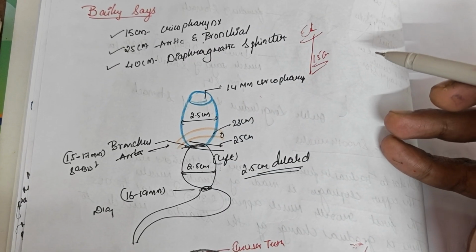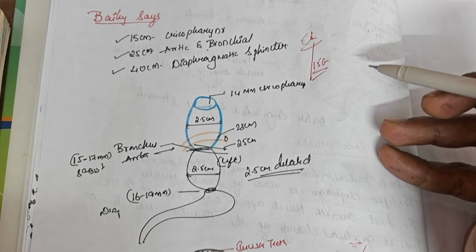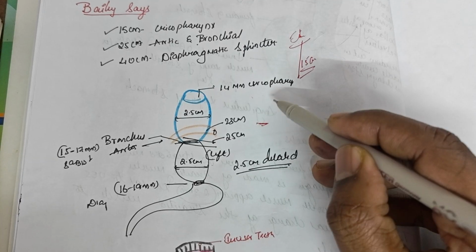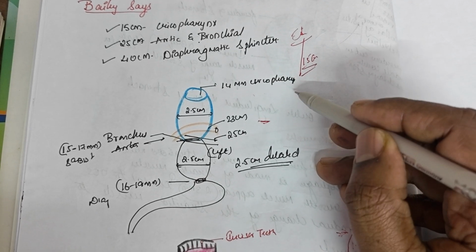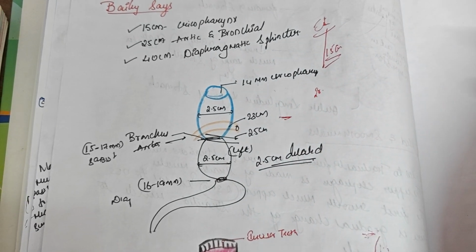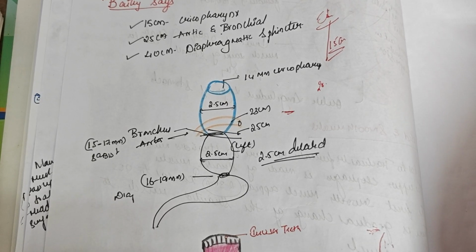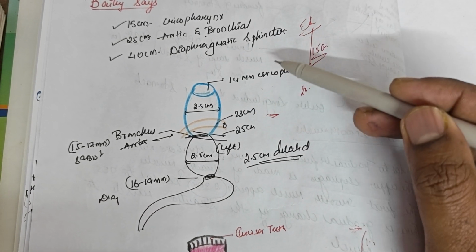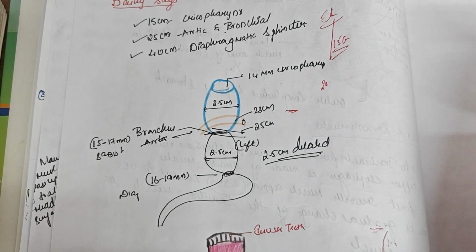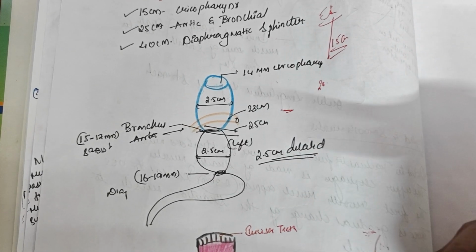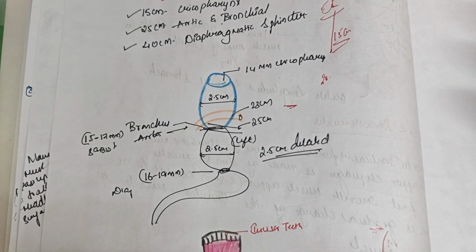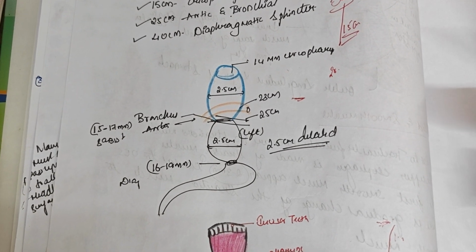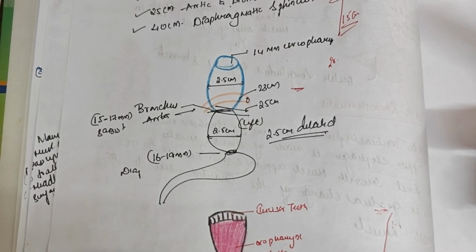Next, from the incisors to the aorta, you need to add 10, that is 25 centimeters. In Sebastian, it's written that it is 23 centimeters from the incisors, with 2 constrictions: the aortic constriction, and next the bronchus constriction, 2 centimeters more below, so 25 centimeters.